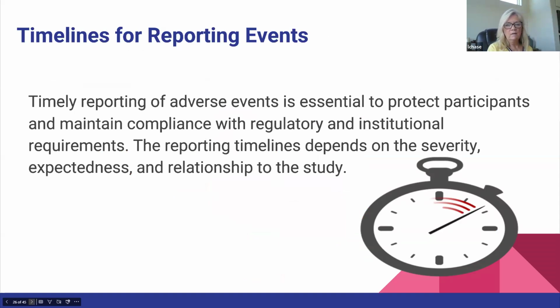And not only for the safety of the participant, because depending on the severity, they may decide to stop giving the medication and hold it, but there's also a responsibility of reporting that needs to be documented. So not only safety, but also knowing those timelines of getting that to the IRB and letting people make decisions.